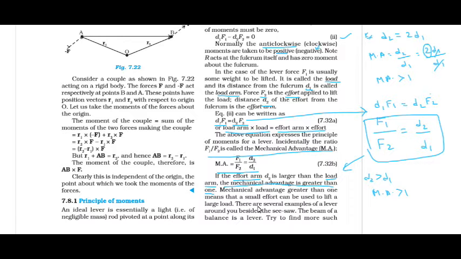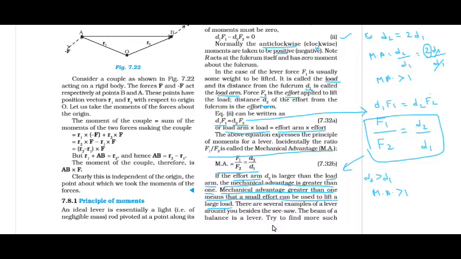Mechanical advantage greater than 1 means that a small effort can be used to lift a large load. So what is the meaning? The physical meaning is that with less effort, a large load can be lifted. There are several examples of a lever around you besides the seesaw. The beam of the balance is a lever.